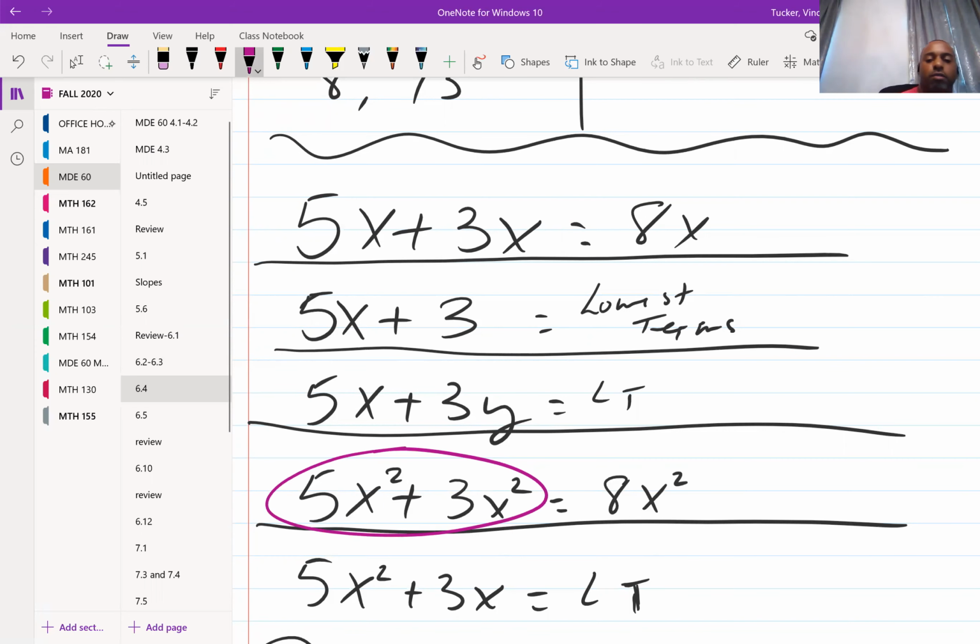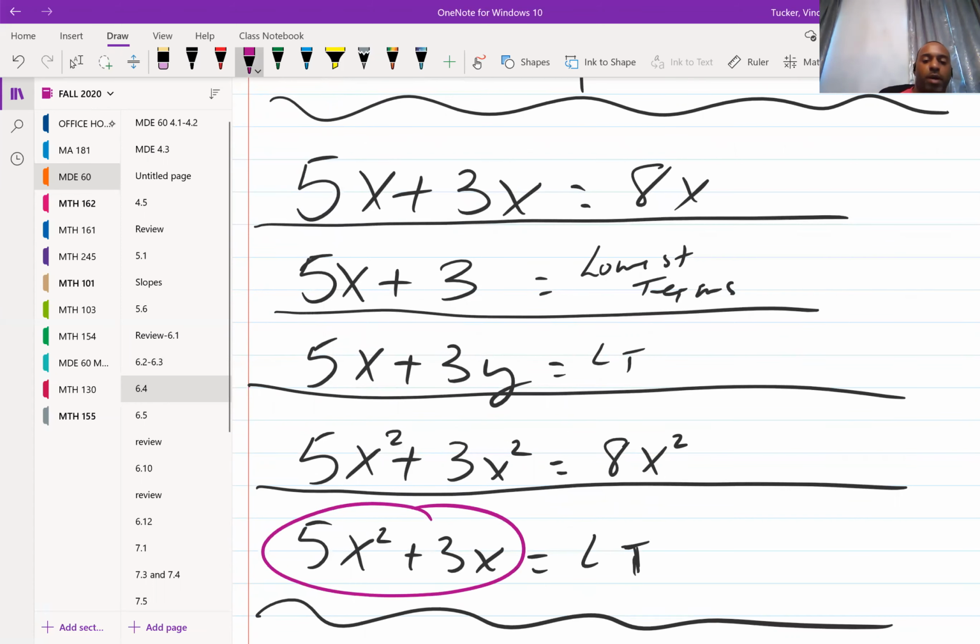5x squared plus 3x squared. We both have x squared, so that means I can go ahead and add them together. Notice I'm not adding your exponents. 5x squared plus 3x squared goes to 8x squared. So the x squared part stays constant throughout the whole problem. All you do is add the 5 and the 3. And then last one, if one has a power of 2 on the x and the other one doesn't, you cannot add them together.